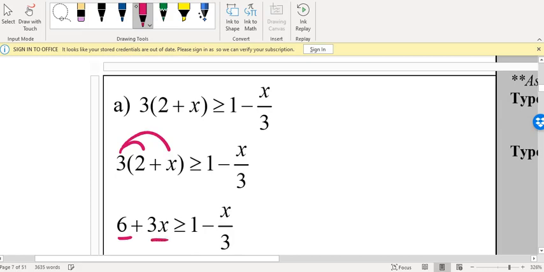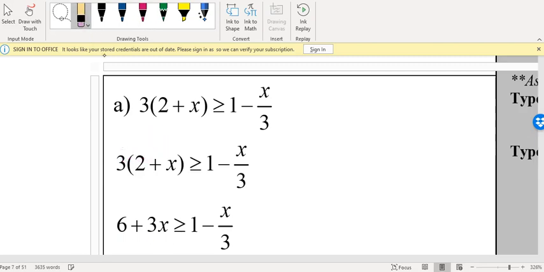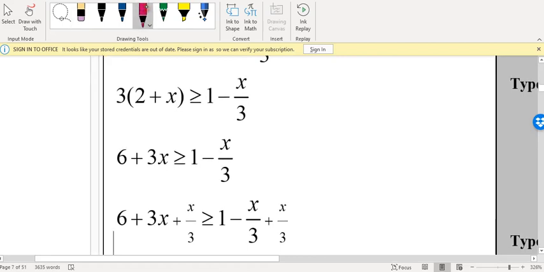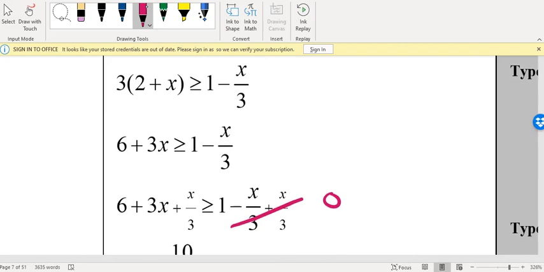This one just expand it. After that gather the x. I will add the x first because my intention is to get rid of the x over 3. So you do it one by one.